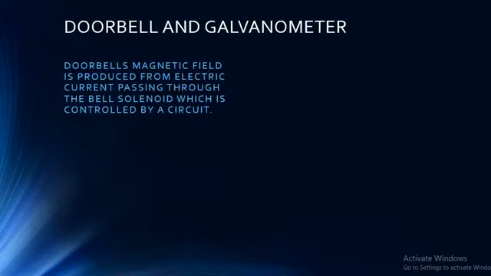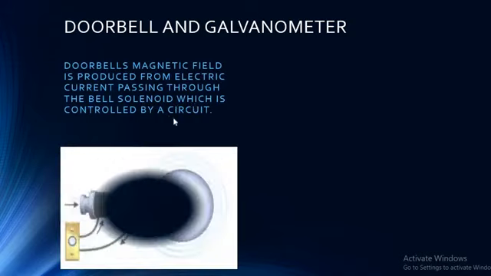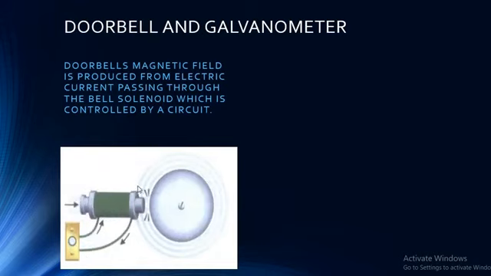Doorbell and galvanometer. The doorbell's magnetic field is produced from electric current passing through the bell solenoid, which is controlled by a circuit. You see in here, this is the solenoid, okay?